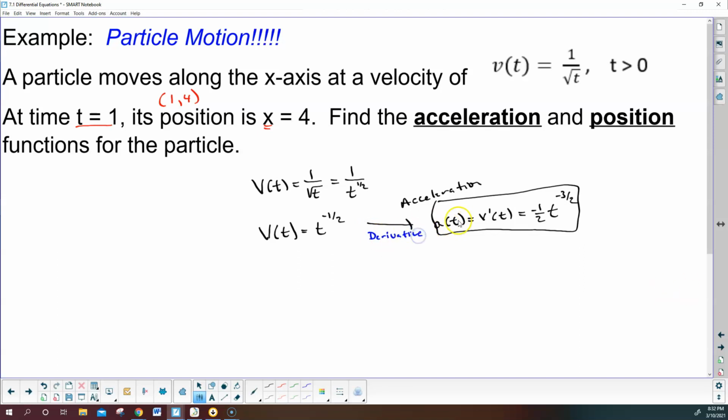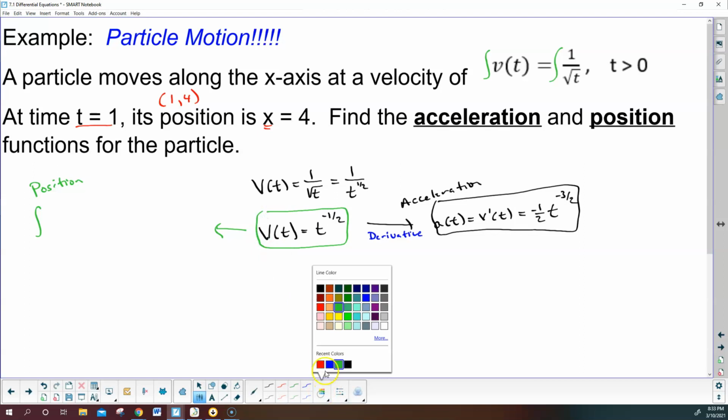So what did we do to get acceleration? We just took the derivative. Well, what if I go the other direction and I want to work backwards to find position? Position is the integral of this piece. So I need to find the integral of the velocity equation.